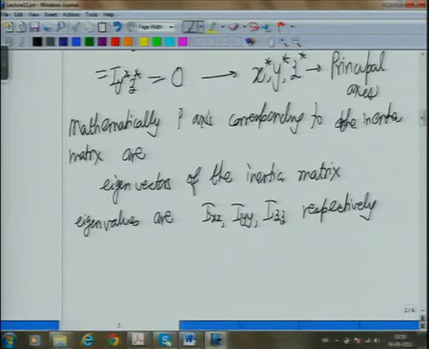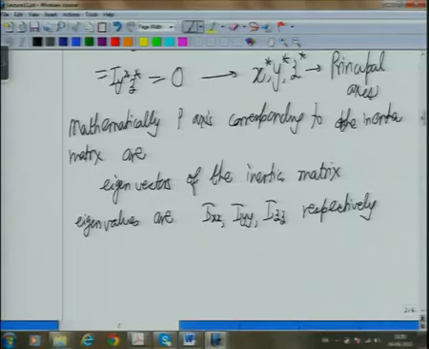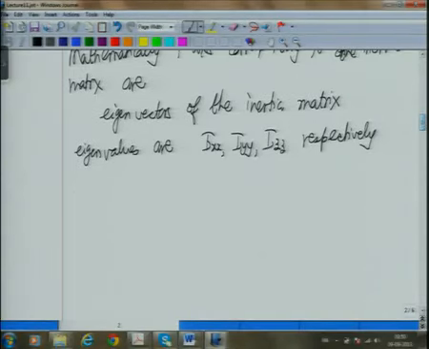Pardon? No, yeah, I will come to that also. There can be more than one principal axis. Now, what will happen is, suppose you convert things, you find the eigenvectors. In fact, this will lead to some very interesting things which I will show.